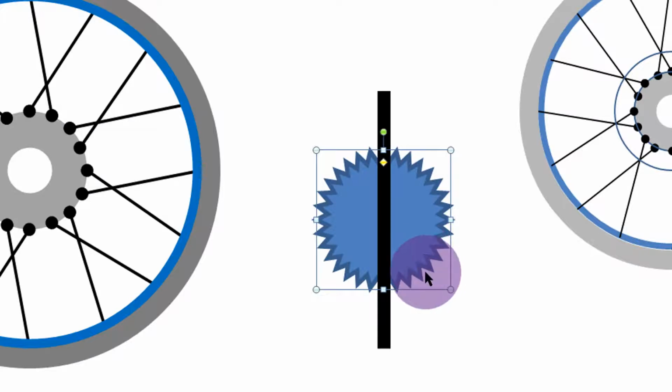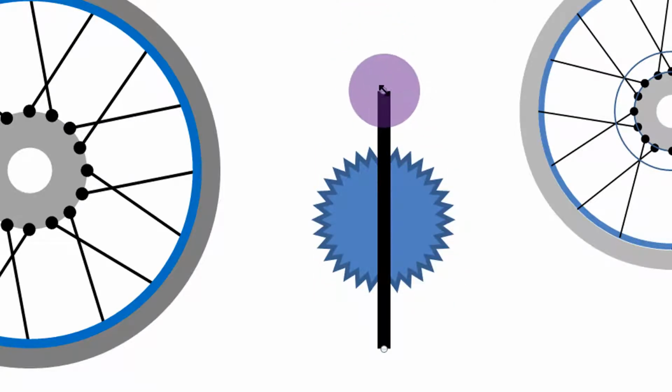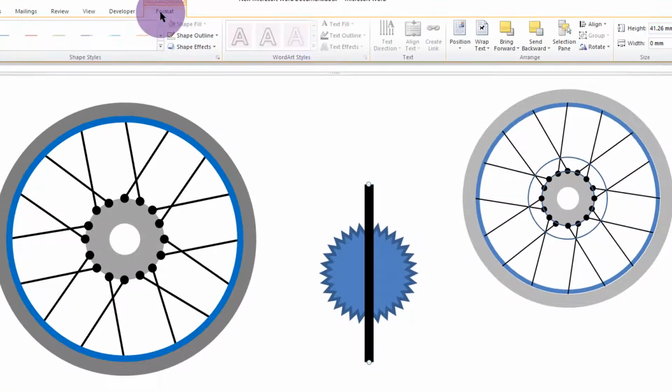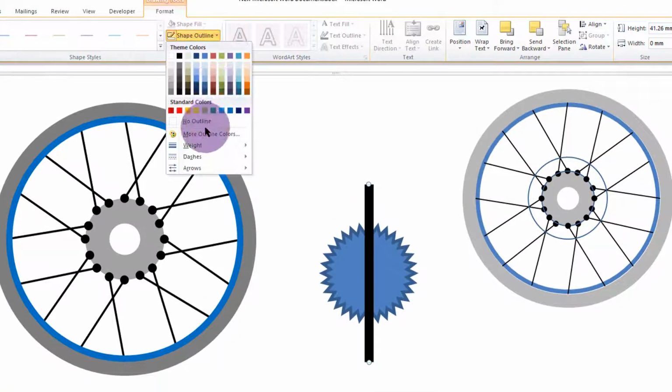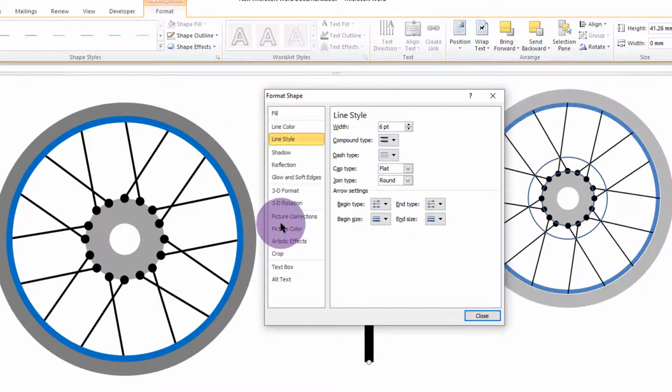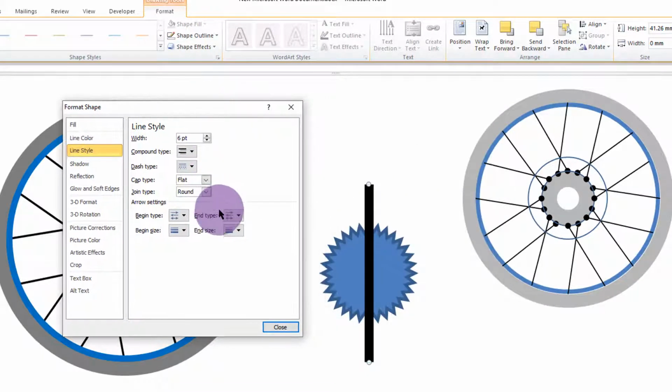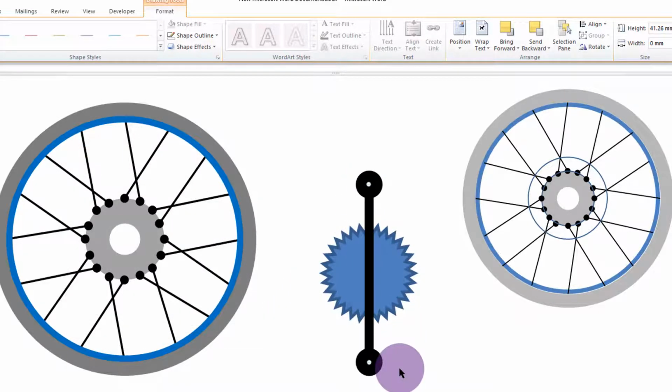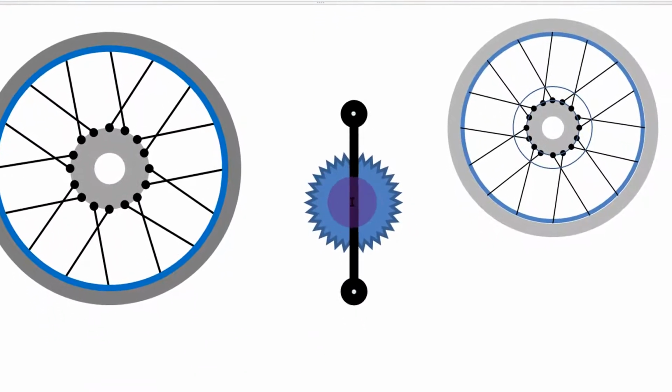And it is almost at the center there. Let me round off the edges of this line. So these are the pedals, this one and this one. And this is of course the center.